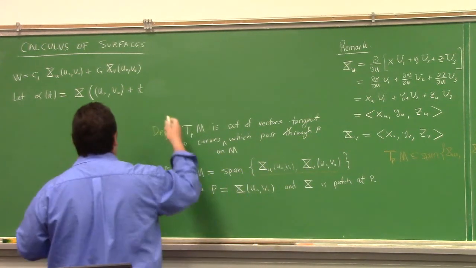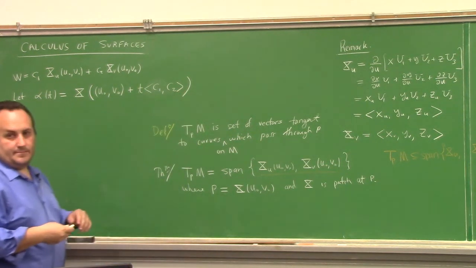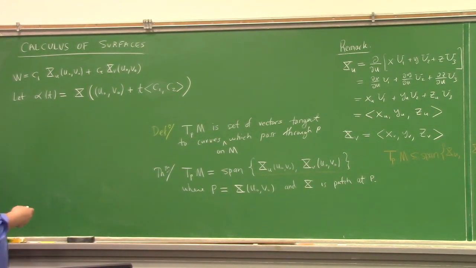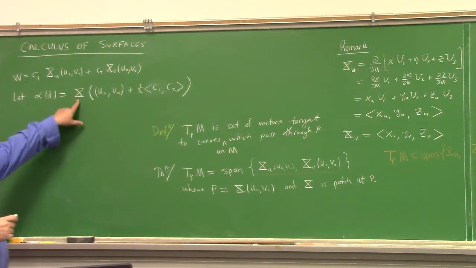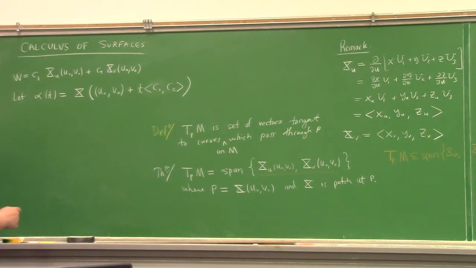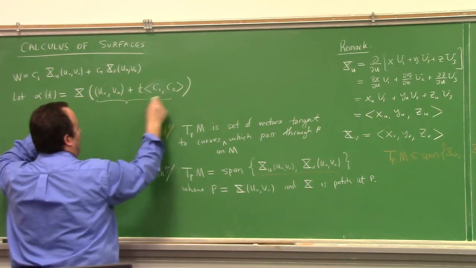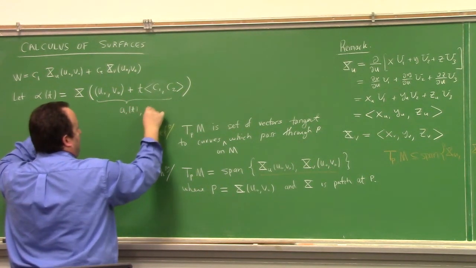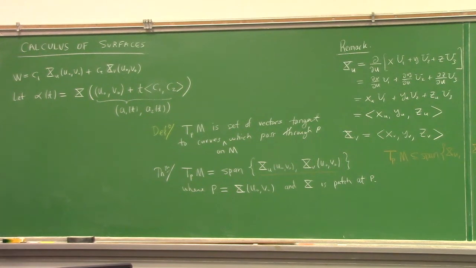So thinking that backwards, we should put C1, C2 here instead of W. W wouldn't even make sense, because W is a vector in 3 dimensions, whereas we need a vector in 2 dimensions because we're feeding it to X, which takes in vectors in R2. So this is serving as the A1 of t, A2 of t.